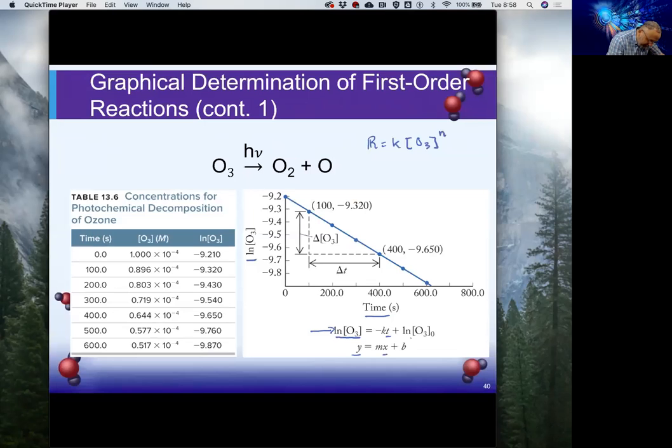Okay, so the rates of reactions usually are like the speed. Let's say you're going from home to school at 70 miles per hour on the highway. And when you go from school back home, you're still going at 70 miles per hour.